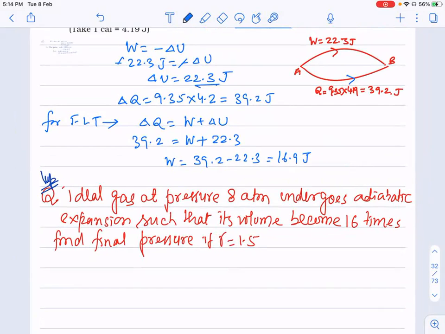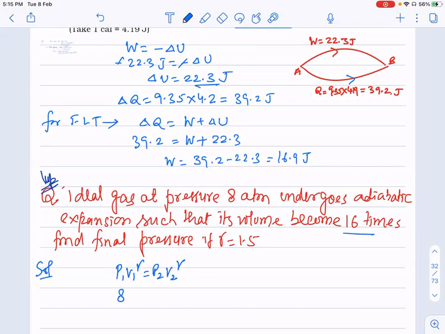How to do this question? Which formula? The adiabatic process is represented by the equation PV to the power gamma is equal to constant, which can be written as P1 V1 to the power gamma is equal to P2 V2 to the power gamma. Putting the values now. Initial pressure is 8.